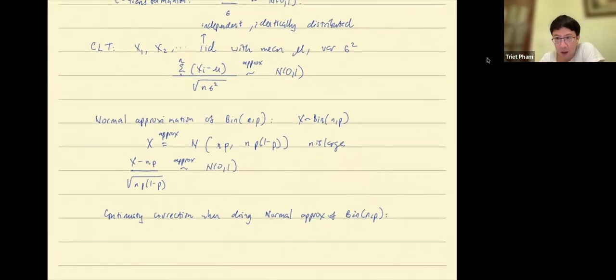So you should contemplate a little bit about the meaning of the statement when these guys are discrete, because discrete means discrete numbers. What does it mean to converge to a continuous random variable?